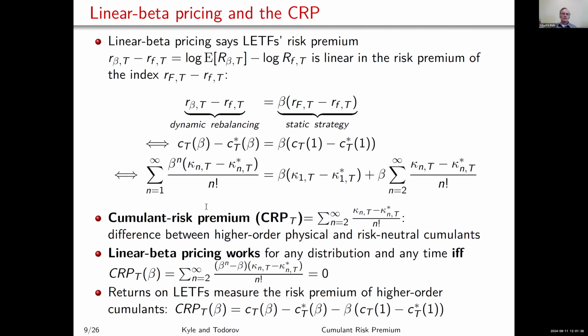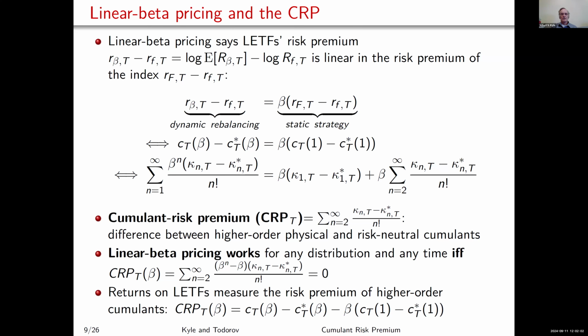Or at least it doesn't ignore them, but it shows up in a way that you might appreciate in this next equation. On the left-hand side, you get the sum of all of the cumulants, but in the numerator, the weighting is beta to the n. On the right-hand side, you also get the sum of all the cumulants, but since it's not rebalanced, you just multiply it by beta.